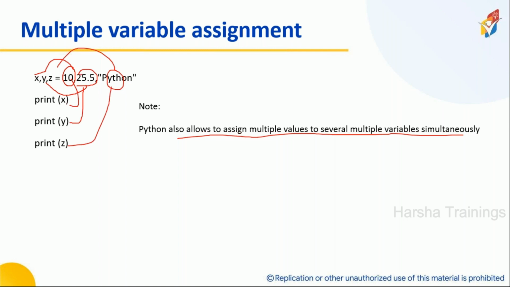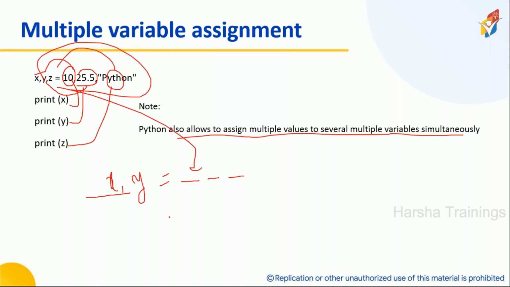Most of the students are asking one question: sir, what happens if I give X comma Y equal to these three values? There is an error. On the right side, however many values we are assigning, the left side should have that many variables. It should match. If there is any mismatch, errors will occur.